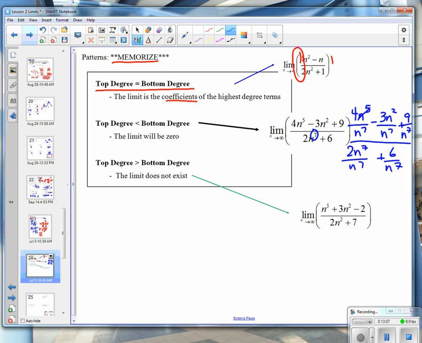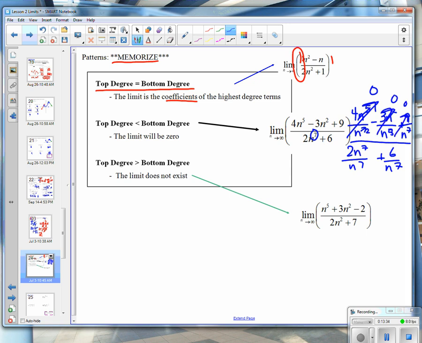Like n to the power of 5 and n squared. And if I think ahead, if I put my infinity into the n, I'm going to have 4 divided by n, so that's going to be a 0. Same thing over here. n squared divided by n to the power of 7, that's going to be gone. I'm going to be left with an n in my denominator, and anything divided by infinity is 0.